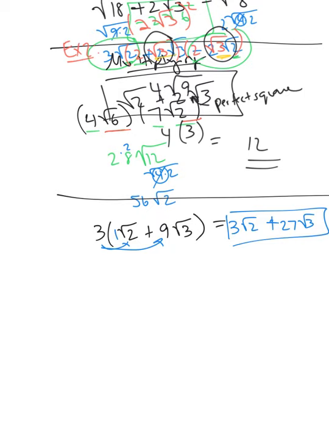Another one that has radicals on everything would be like 3 radical 2 times, let's say, 5 radical 30 minus 9 radical 2 plus 3 radical 6.